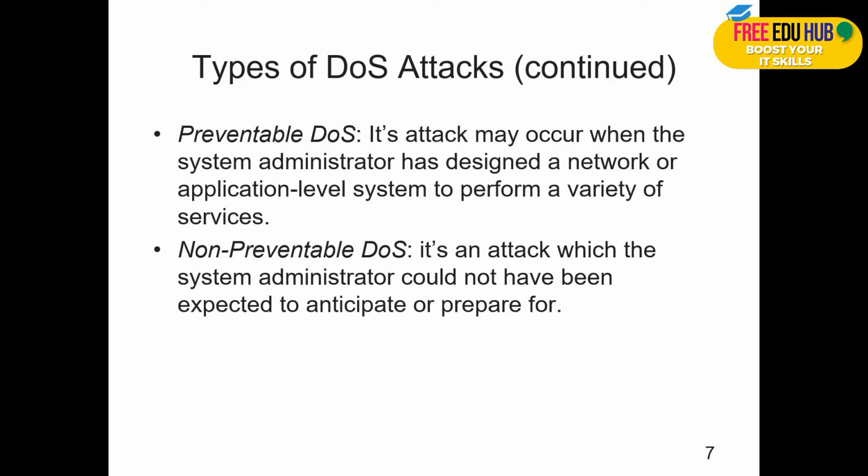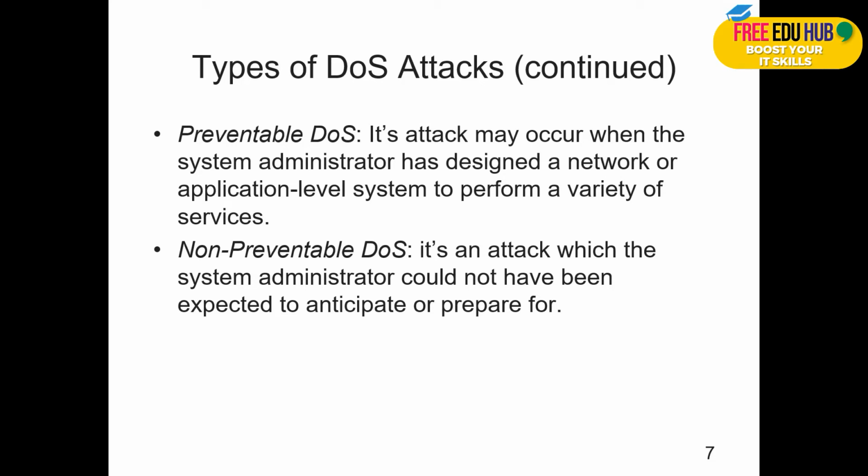Preventable attacks are attacks that may occur when a system administrator has designed a network or application level system to perform a variety of functions, because he is defining it himself that if it crosses the limit, stop the services.